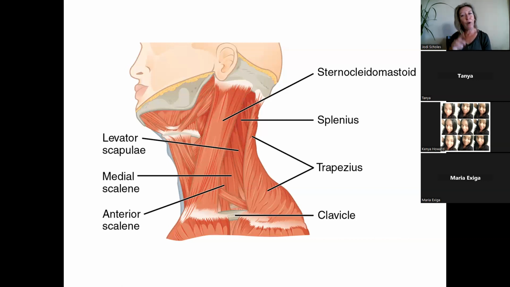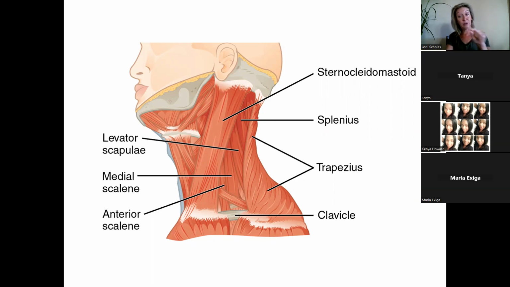Remember, we focus a lot on the posterior compartment of the neck, right? Do a lot of that. But remember those lateral aspects of the neck and even the front aspects of the neck. They're so lovely to work to balance. So if you're going to spend a lot of time working the back part of the neck, go ahead and remember to work that SCM to balance them off.